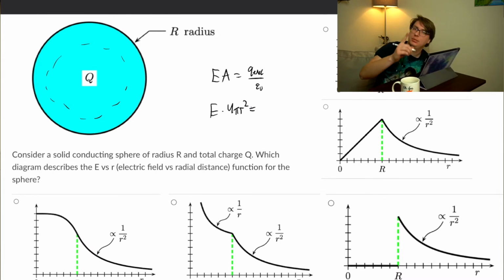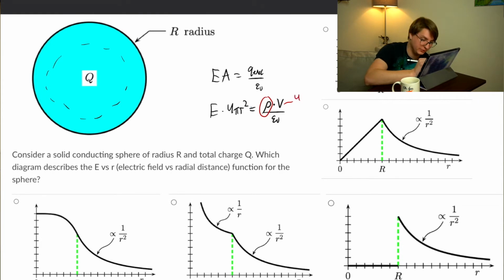But the key point is the Q enclosed, and I think this is where we're going to run into issues. Q enclosed is going to be the charge density times the volume. Charge density is the charge per volume, so I'm going to assume this rho is some constant. It's uniformly distributed inside. So how does V look with regards to r?